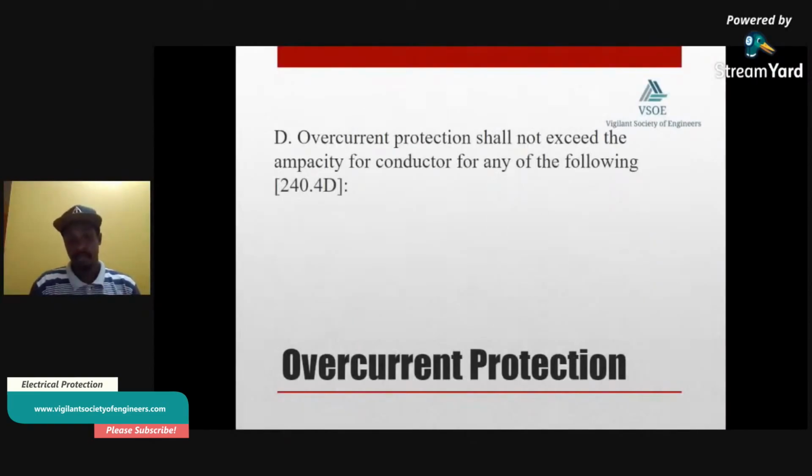Now, the final rules, right, protecting conductors against overcurrent.